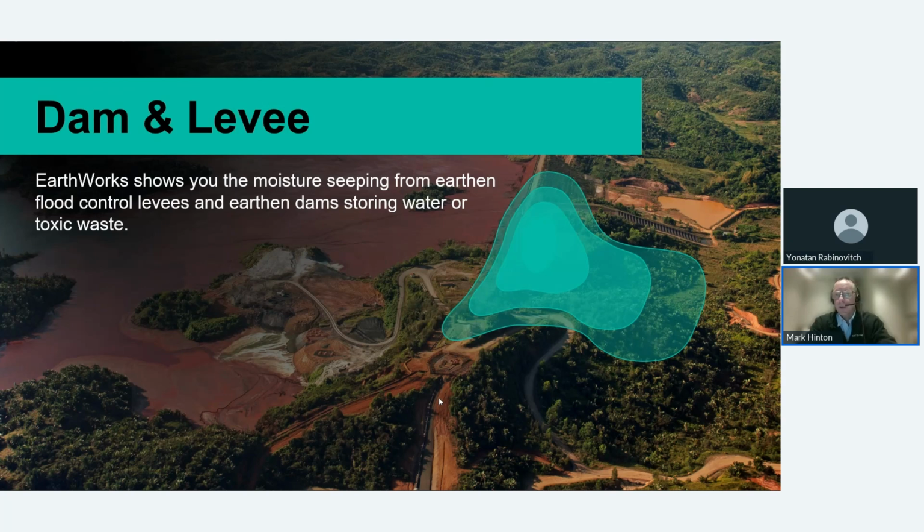If seepage starts to emerge in a dam or a levee structure, that can lead ultimately to a piping failure and ultimately to a catastrophic failure of that dam or that levee. And because we're able to detect that beneath the surface, we can detect something long before it's visible at the surface or before perhaps there's any vegetative change that might be detectable either.